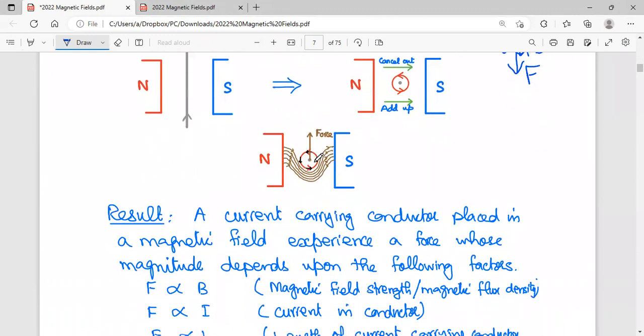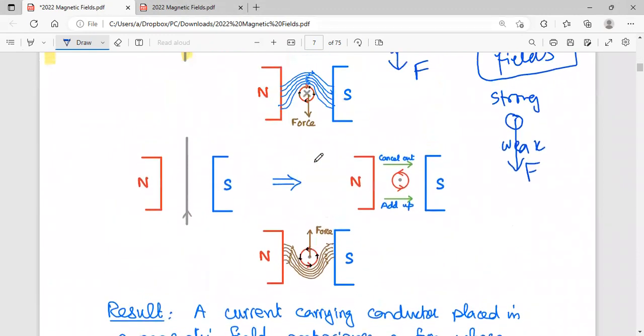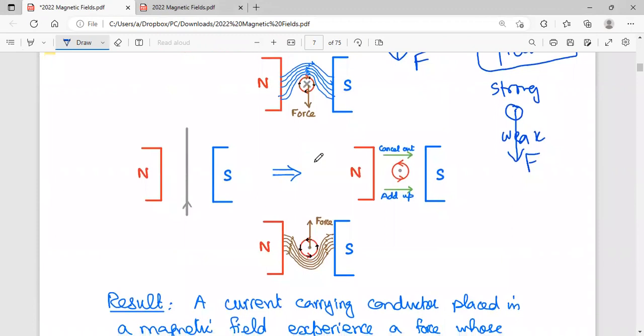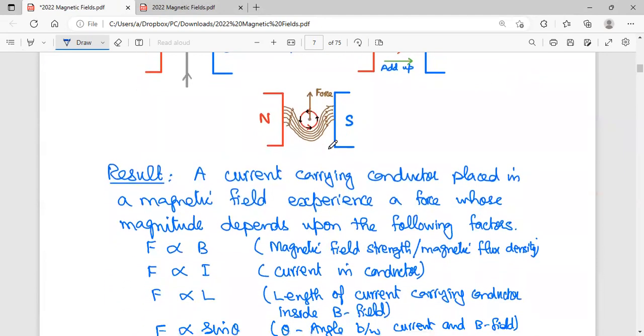We can change the direction of the force by changing the direction of current in the wire or by swapping the magnetic poles, and we can increase or decrease the amount of force by increasing or decreasing the current, or by increasing or decreasing the magnetic field strength.